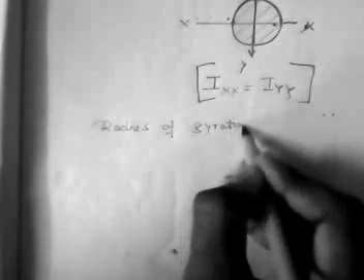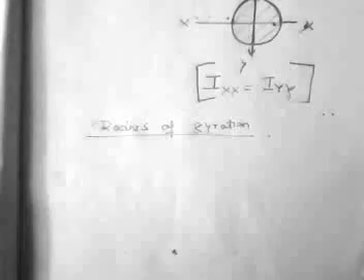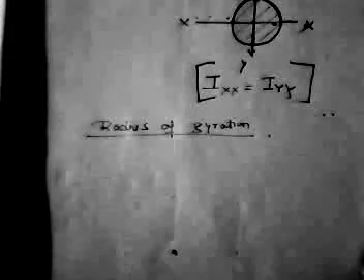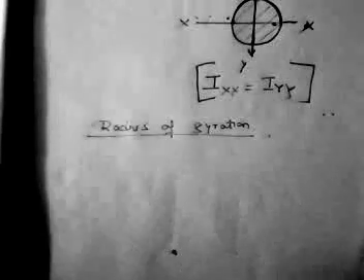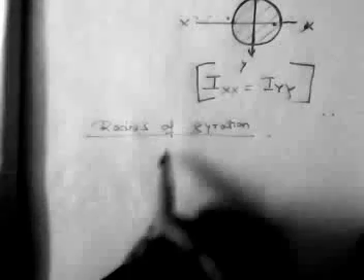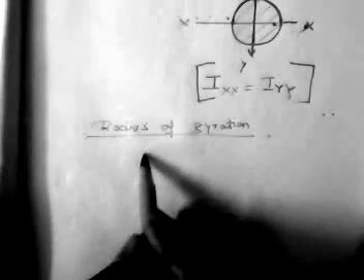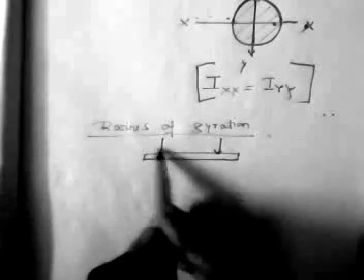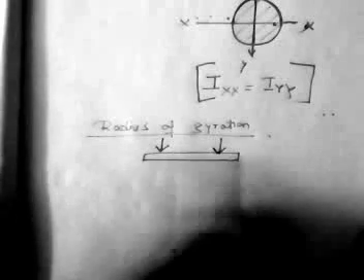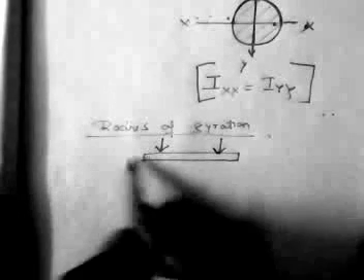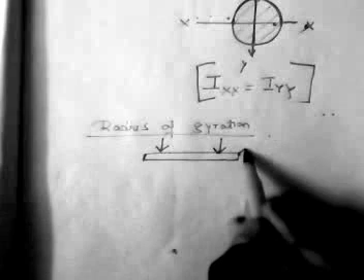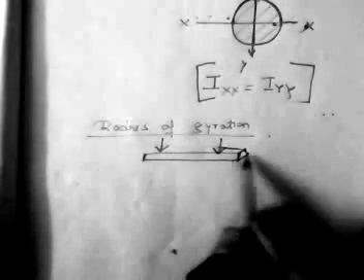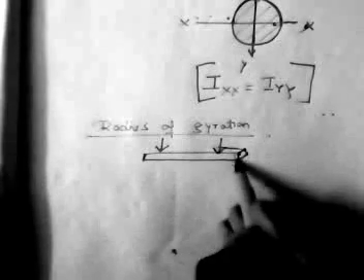Another very important thing for engineers is the radius of gyration. Now, if you are considering different types of beams, a beam is a component which is subjected to transverse loading.